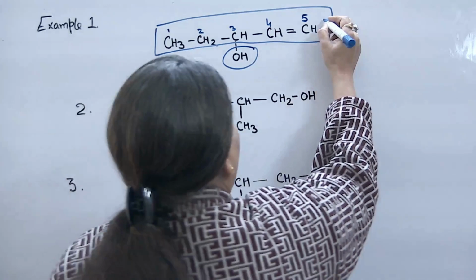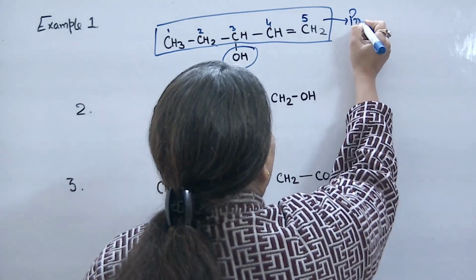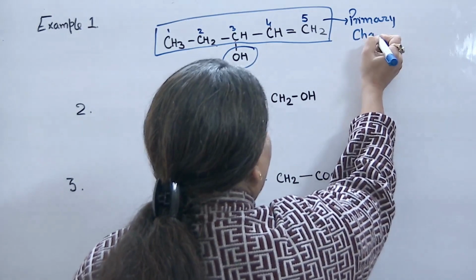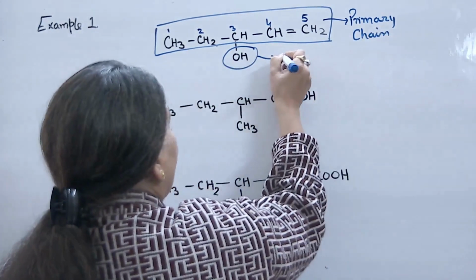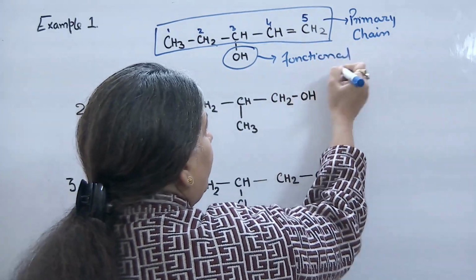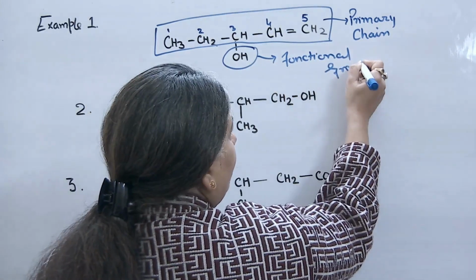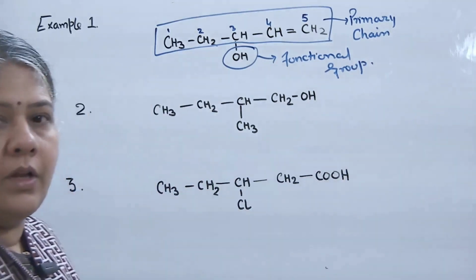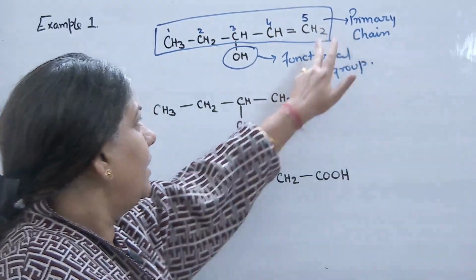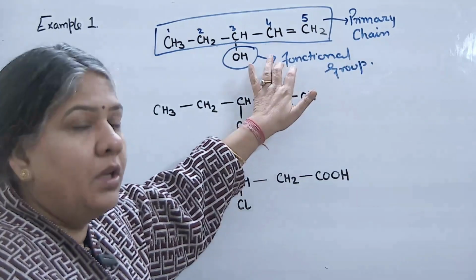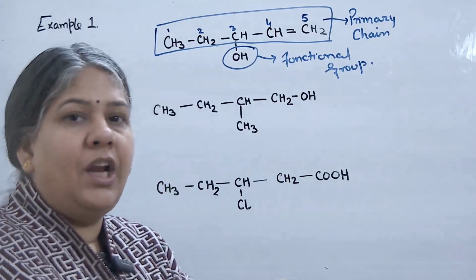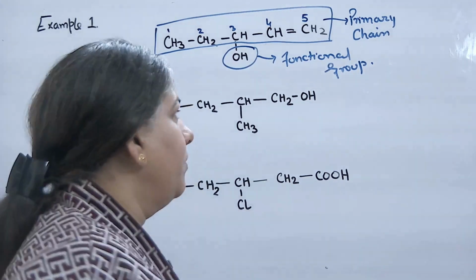So this is the primary or the longest chain, and this is the functional group. There are no substituents in this example. There is only the primary chain and the functional group. So the name will consist of just the root word and the suffix. It will not have any prefix.